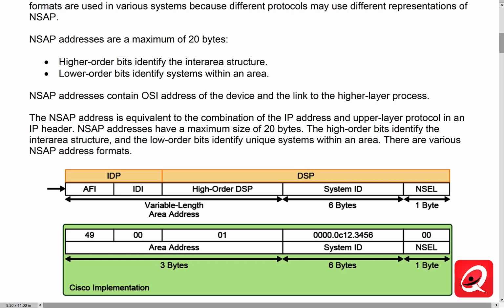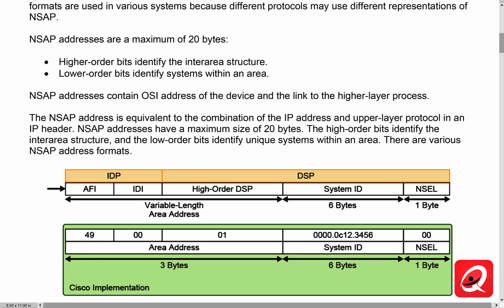All right. The domain specific part, which is really what we refer to as the host portion, the DSP, helps with the routing within ISIS. It comprises what we call the HODSP, the system ID, and the ENSL. The HODSP subdivides the domain into areas, and it's kind of equivalent to saying the subnet of the network of an IP address.